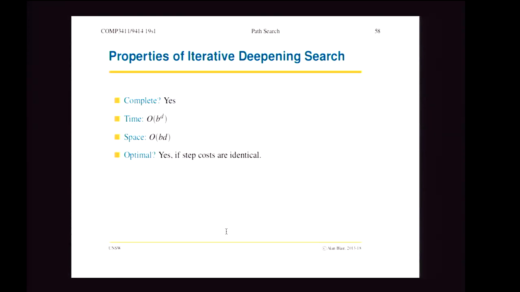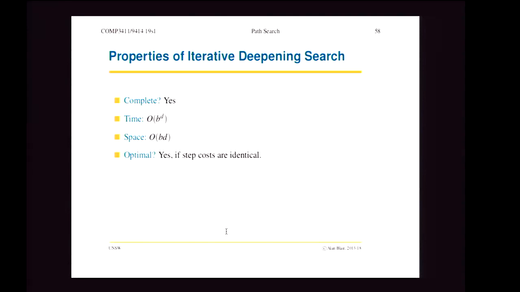So this algorithm is a very good compromise between breadth first and depth first search. It combines the advantages of both. So like breadth first search, it's complete and optimal, but it has the very low memory requirements of depth first search.